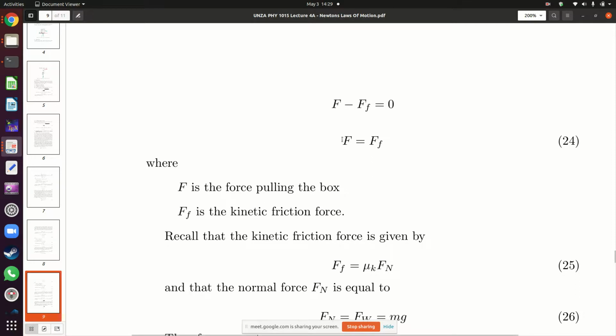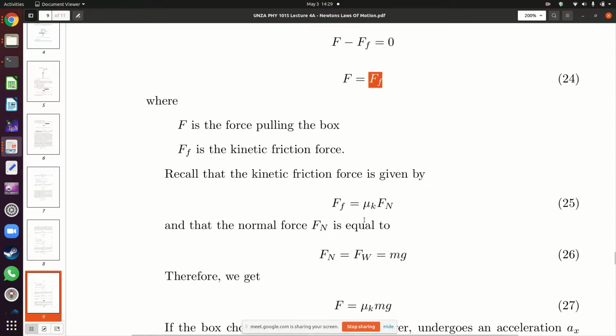Now our box is moving. The friction associated with a moving object is what is called kinetic friction force. Whenever something is moving, it has friction associated with it, and that friction is what is called kinetic friction force.